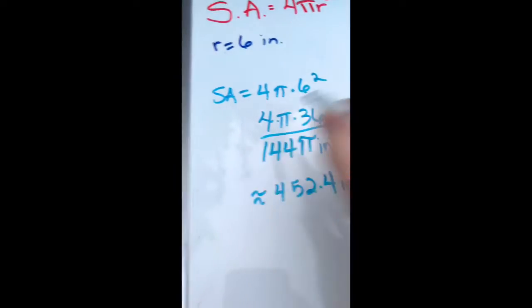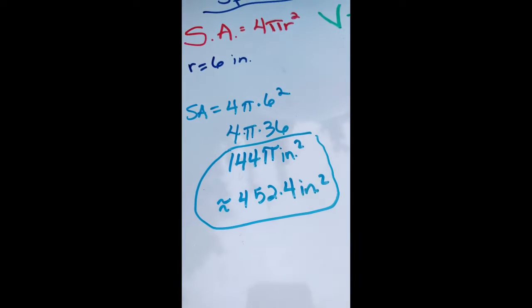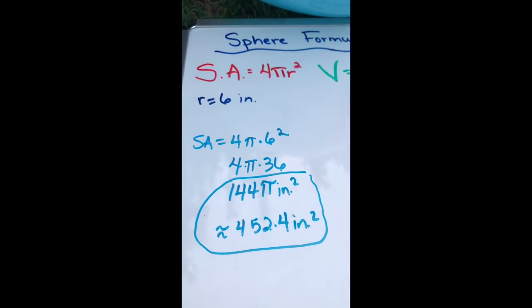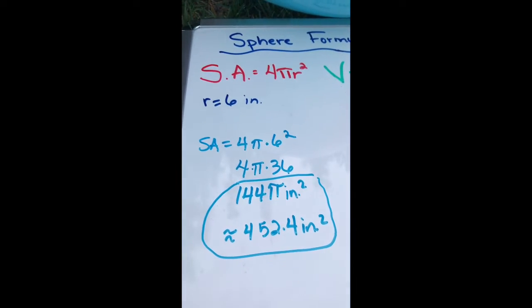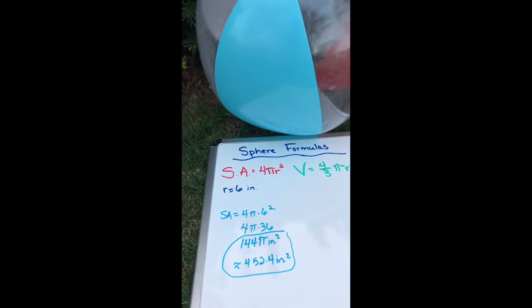Okay, so you just need to pay attention and see if the problem is asking you for your answer to be in terms of pi or rounded to the nearest something or other. Okay, so there's surface area, easy enough.